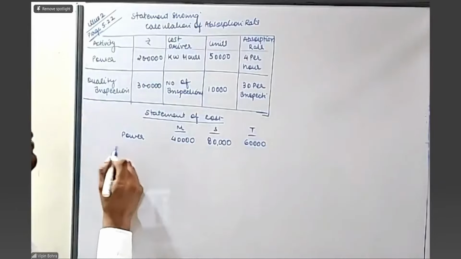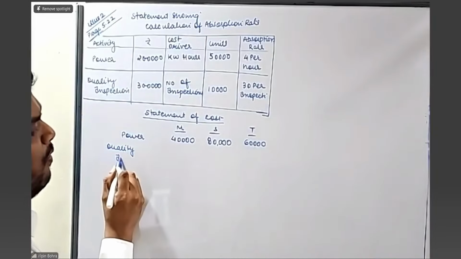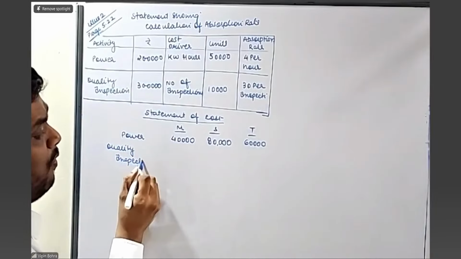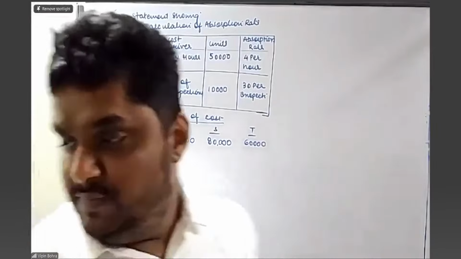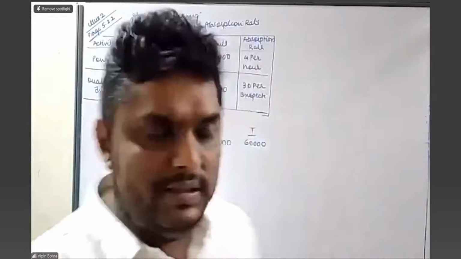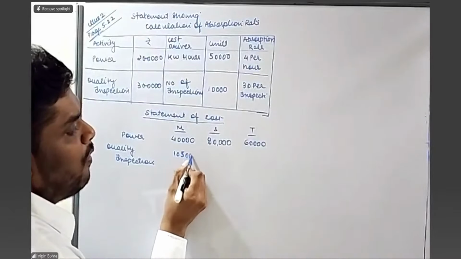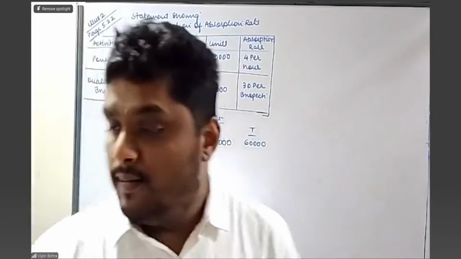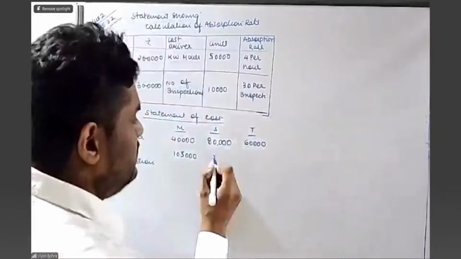When talking about quality inspection, it is rupees 30 per inspection. So 3,500 into 30, it is 1,05,000. 2,500 into 30, it is 75,000.